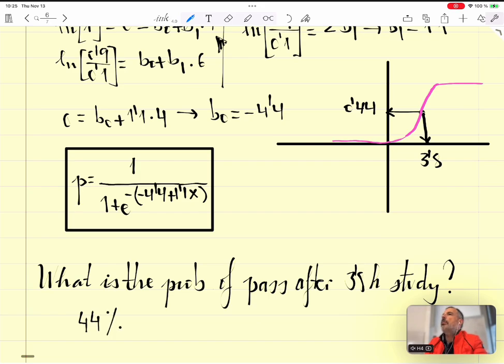Okay? So if you study 3.8 hours, the probability of passing is 44%. If you study 5 hours, the probability is 0.7 or whatever. Okay? Does it make sense?